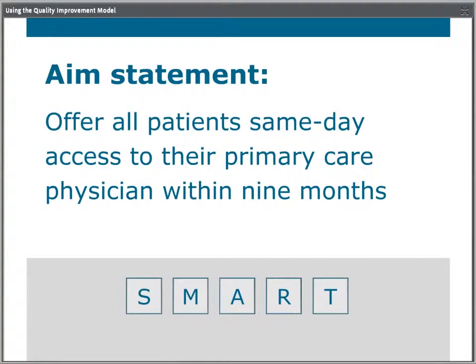Well, clearly we have the word patients in there and we've said all of them. And does it reflect the problem? So here I'm seeing that you don't currently have same-day access, and that's what we're trying to improve. It's in line with your organizational goals, and the scope is really clearly defined. So this is an example of a really smart aim statement.